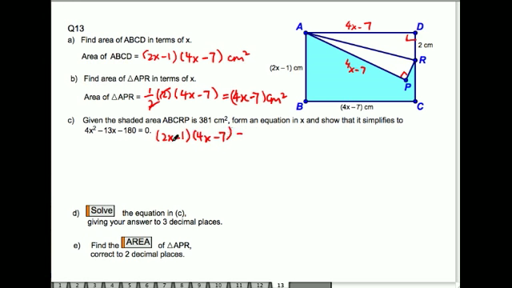One triangle is 4x minus 7, so two triangles is 2 times 4x minus 7. Rectangle minus the two triangles gives the shaded area, 381.